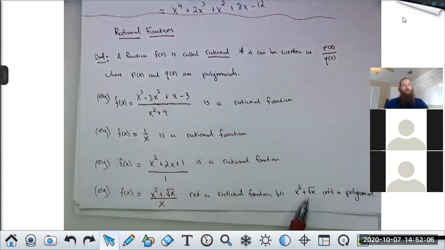The power of x here is 1/2, which is not a whole number. So if polynomials are like the function version of whole numbers, then rational functions are like the function version of rational numbers, i.e. fractions.